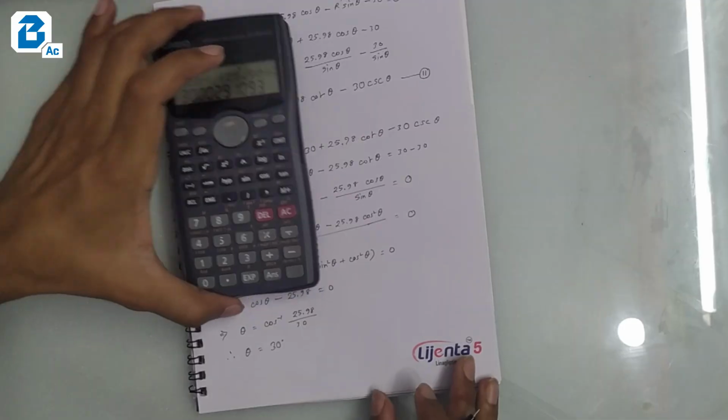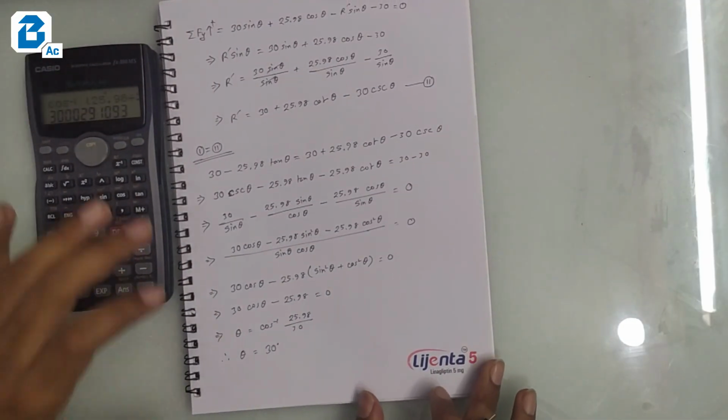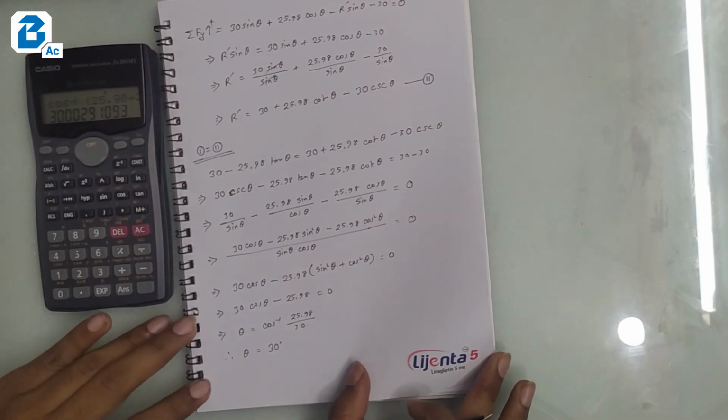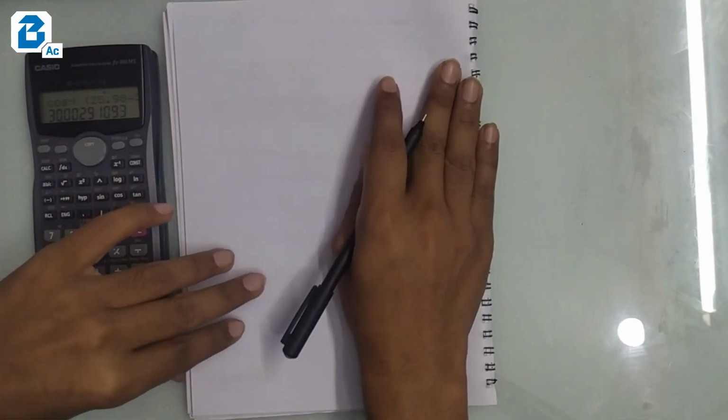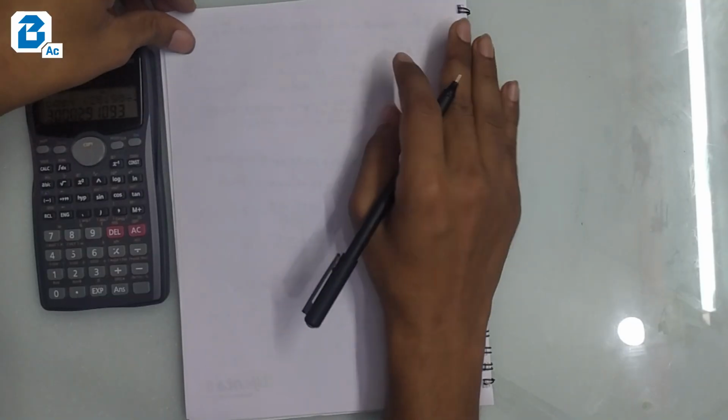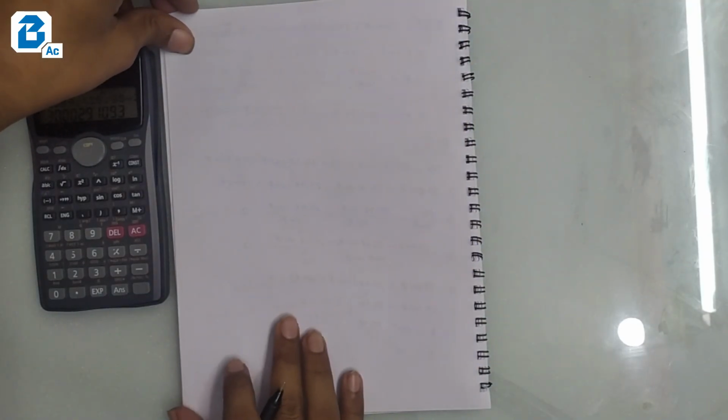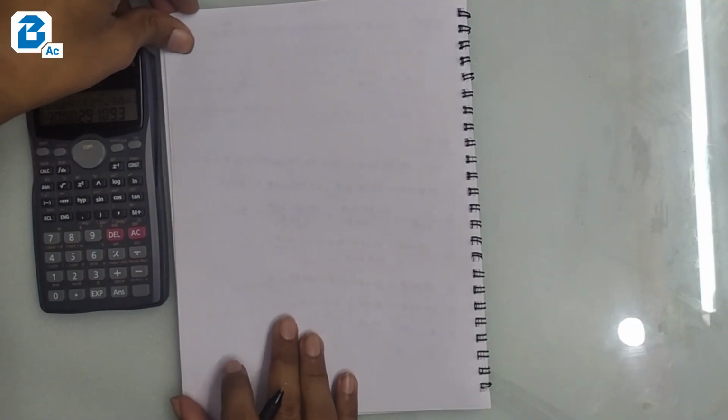Since we have found the value 30 degree of the slope, now we can find the resultant with ease. Now let's find out the resultant. For that, we will solve it simply as any other resultant problem.